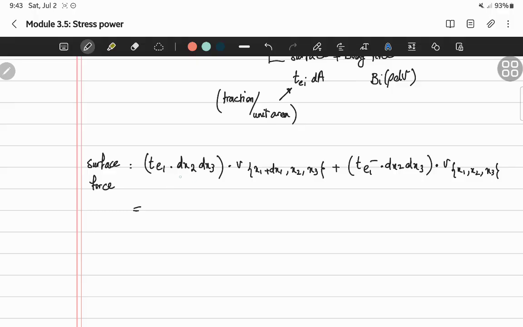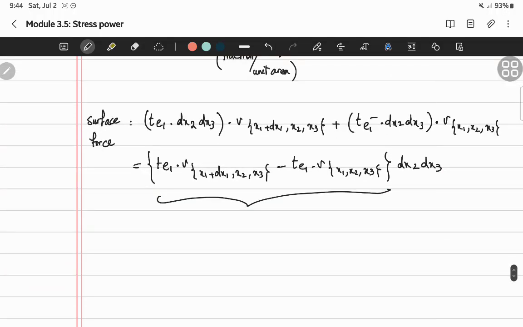So this is equal to, we have dx1, dx2, so we can take them out. And we also have TE1 minus, which is equal to minus TE1. So this is TE1 dot v on x1 plus dx1, x2, and x3, minus TE1 dot v on x1, x2, and x3, times dx2 and dx3.